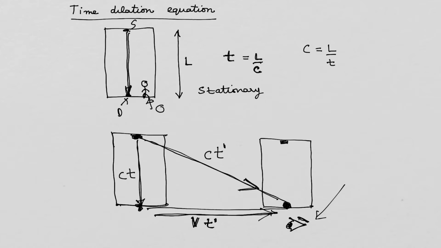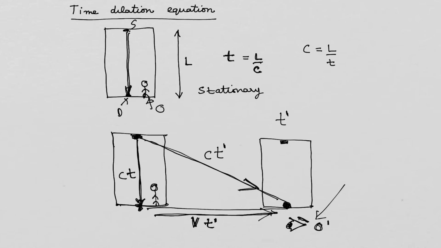For this observer shown here, let's call this observer O dash. The time taken will be T dash. But for the observer inside the vehicle, inside the spacecraft, it would just be T, and he would just see the ray coming straight downwards.